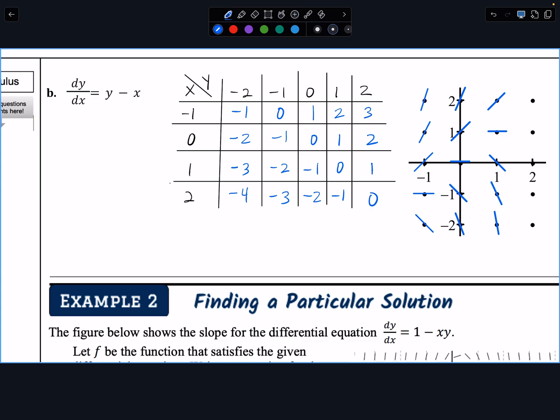At 2 comma -2, it's -4, so it's really steep. And then -3, so it's still pretty steep. -2, -1, and then 0.